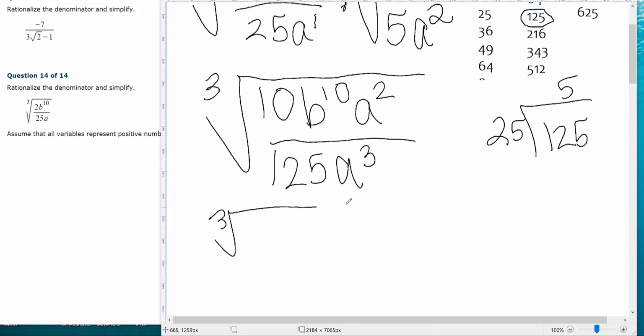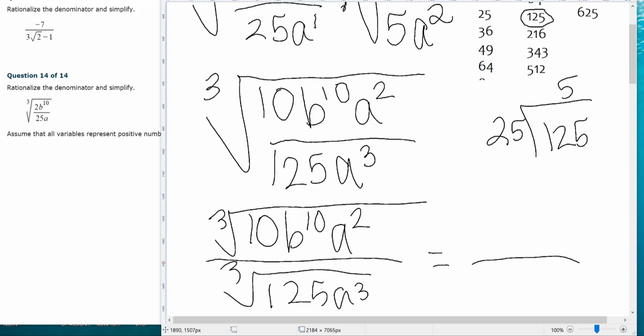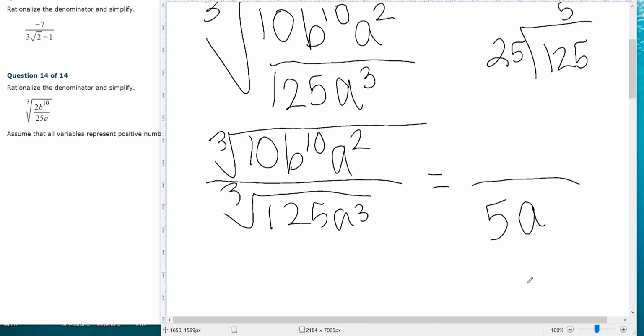The cube root of 10 b to the 10th a squared, and I could write those in alphabetical order, but it's okay like that, over the cube root of 125a cubed. Now the bottom is rational, so that's going to be 5a. The cube root of 125 is 5, and the cube root of a cubed is a to the 1.